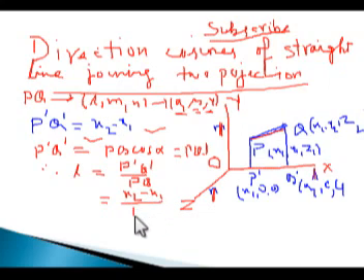In a similar manner we can evaluate the others: M will be y2 minus y1 by PQ, and N will be z2 minus z1 by PQ. So these are the direction cosines of the line PQ.